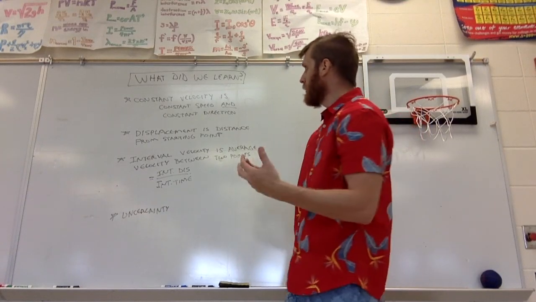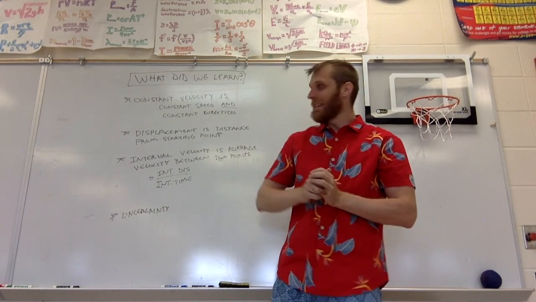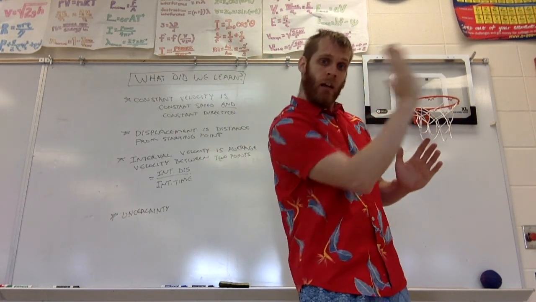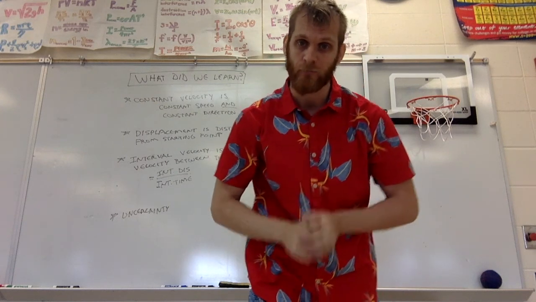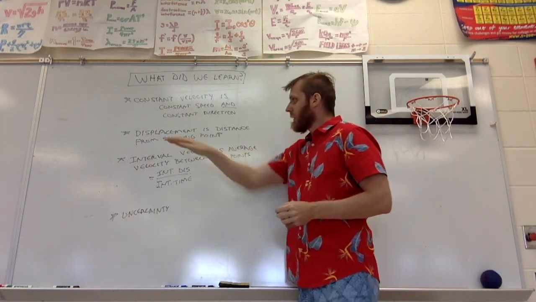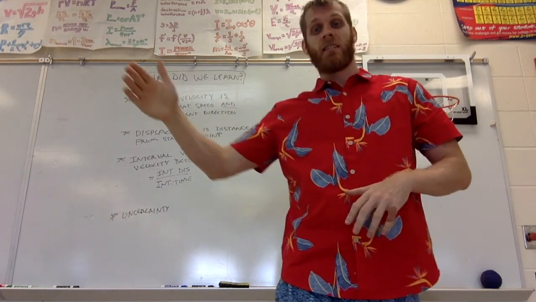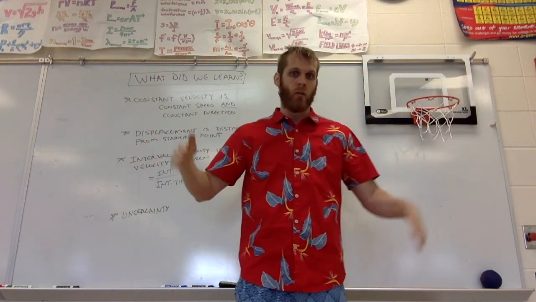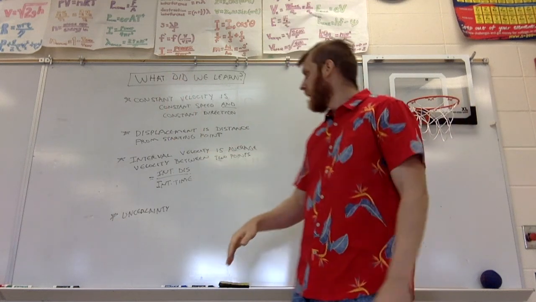So what did we learn? Well, we learned that something traveling at a constant velocity is going to travel at a constant speed and a constant direction. We learned that displacement is the amount of distance from the starting point to where the ending point is, so between the starting and ending point.